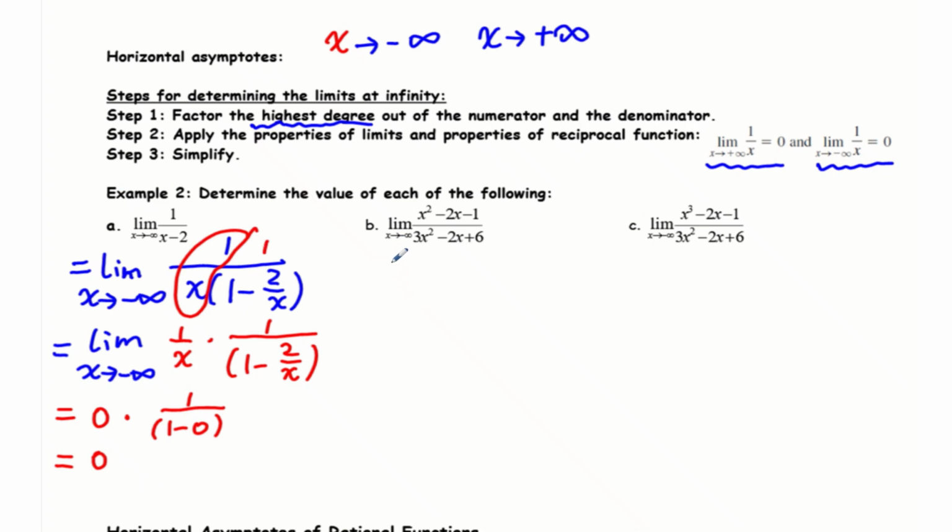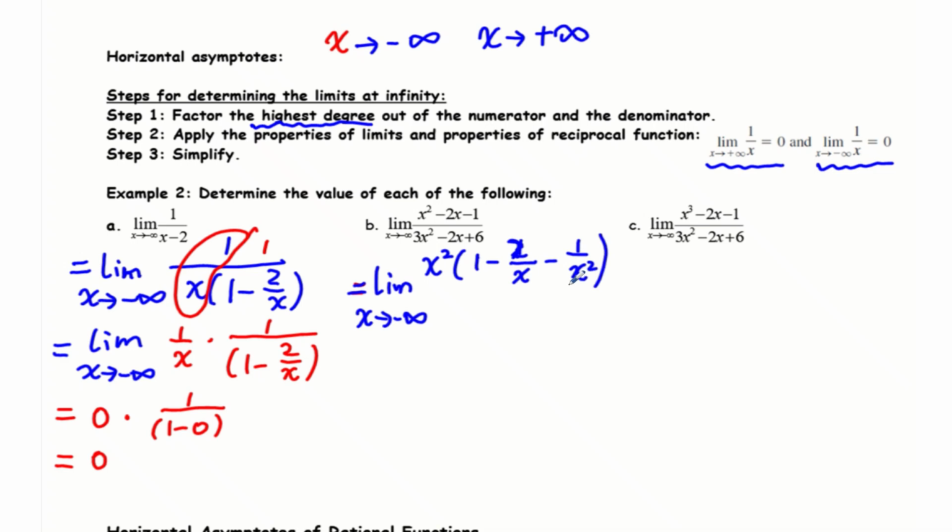So this one, x approaches negative infinity, we are going to factor the highest degree out from each of the numerator and the denominator. So the highest degree for the numerator is x squared. We factor x squared out, then divide x squared into each term. So 2x squared divided by x squared is 2, then minus 1 over x squared.